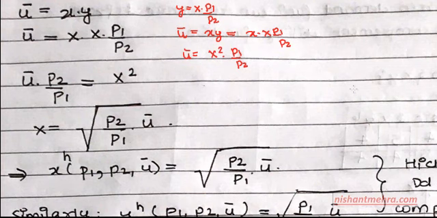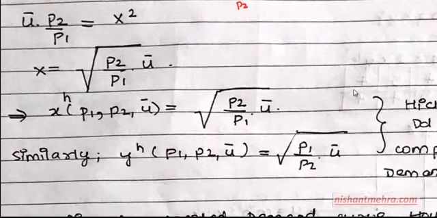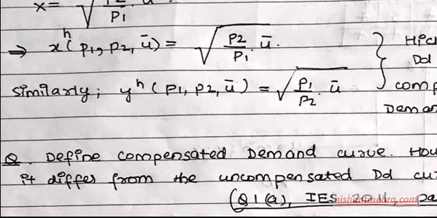As you could see, I've already told you that compensated demand functions are the function of prices and utility, and uncompensated demand functions are the function of income and prices. So this is the function of prices and utility. So x^h is a function of p1, p2, U bar. It is root of p2 by p1 U bar.